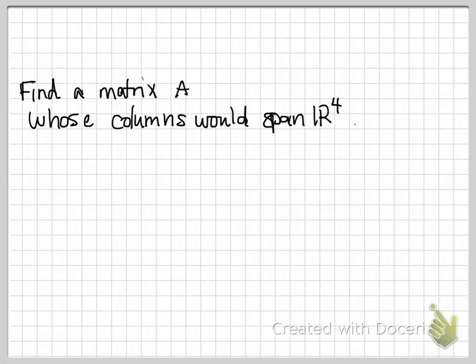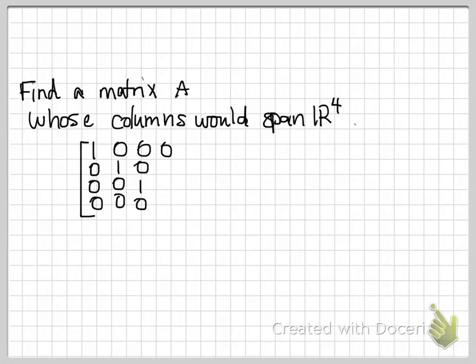Well, this should be easy. According to Theorem 4, all I need to find is a matrix that has a pivot position in every row, and so any upper triangular or lower triangular matrix would do. And in fact, probably the easiest one is the identity matrix. Here. And it's easy to see that this is going to span R4.